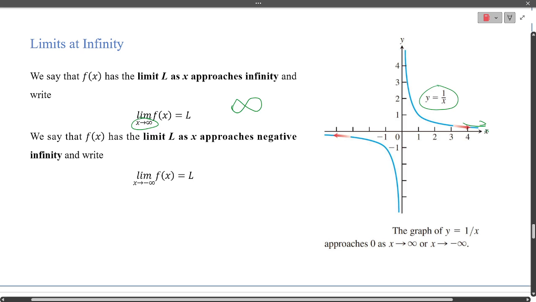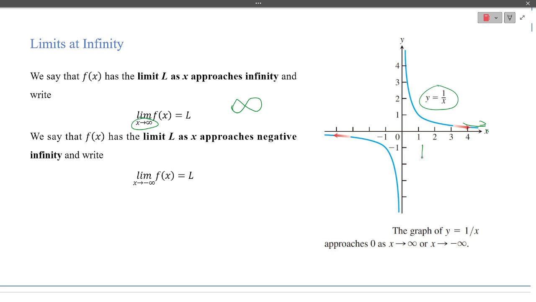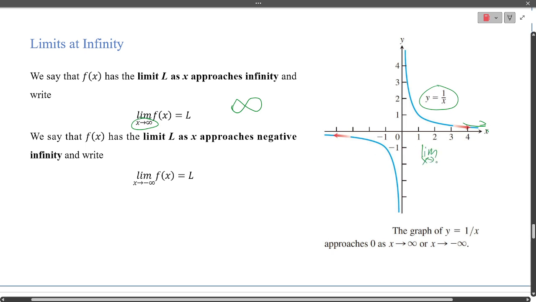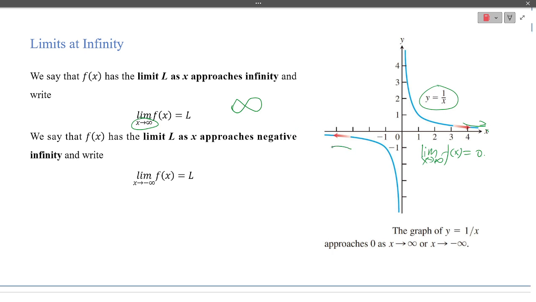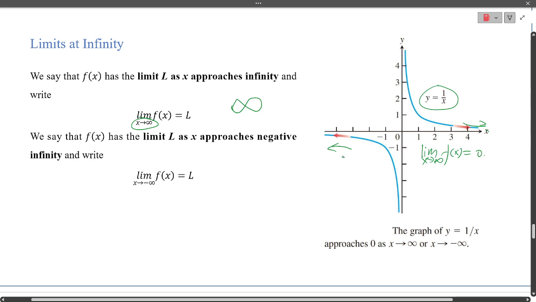Therefore, the limit of y as x approaches infinity is 0. Similarly, as x approaches negative infinity in 1 over x, y also approaches 0. Thus, the limit of y as x approaches negative infinity is 0. This is the first context in which we can use the concept of infinity.